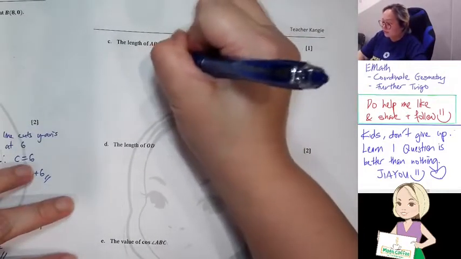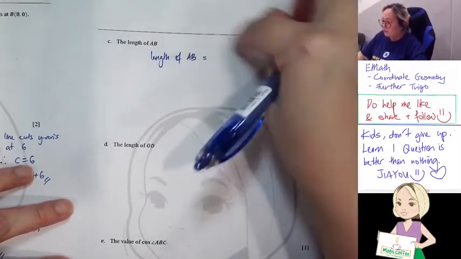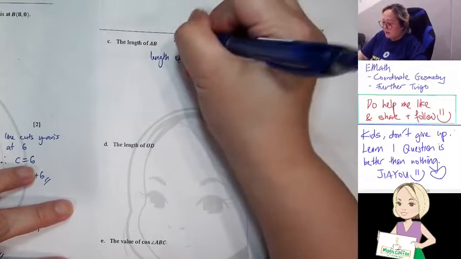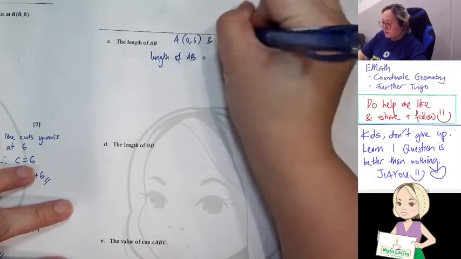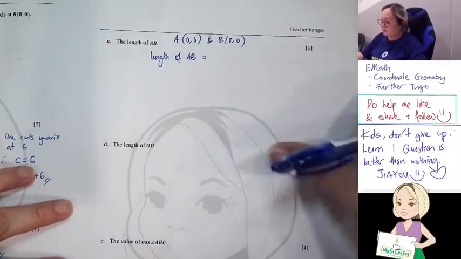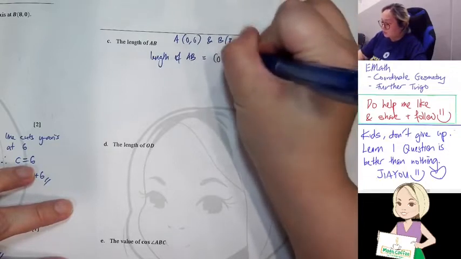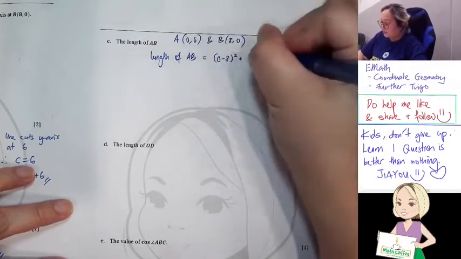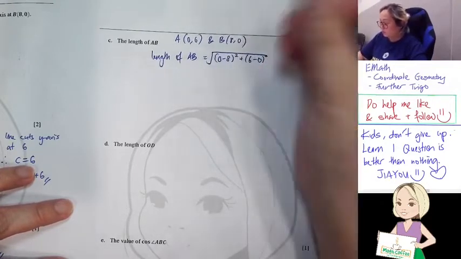So length of AB. For easy reference, I'm going to write out the two coordinates here. My A is (0, 6) and my B is (8, 0). Okay, so length of AB will be (0 minus 8) squared plus (6 minus 0) squared, and don't forget to square root.